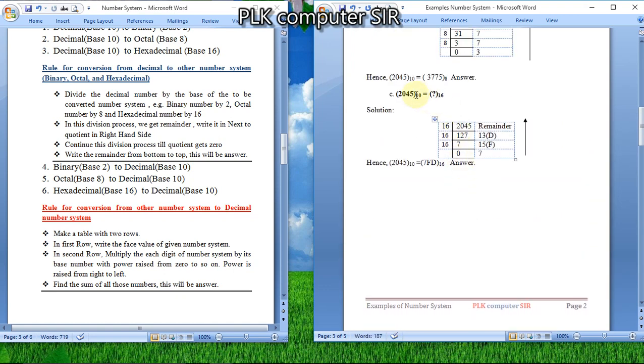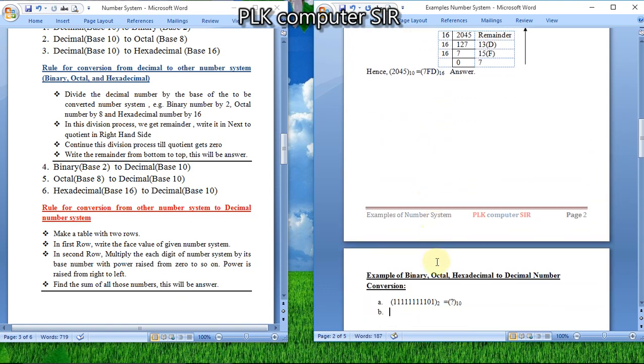Similarly, our second number is 3775 base 8, and we have to convert it into decimal, so base 10.